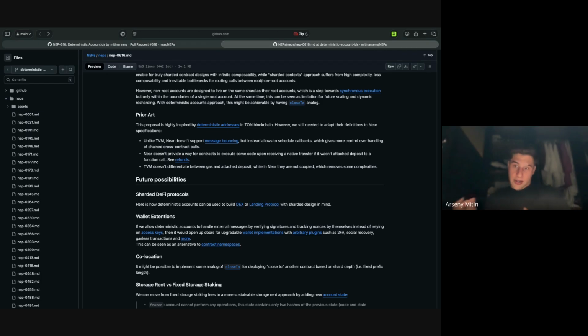But in Near we can create chains of promises, like call this contract and afterwards check the result of the promise and then do something. So it allows for refund mechanics, and it's much easier for developers to design protocols. Also, another implication is that in Ton, there is no difference between gas and attached deposit, but still, if you don't attach enough tokens, then your transaction fails in the middle, and it cannot be recovered by any of the contracts mentioned in this chain of calls.